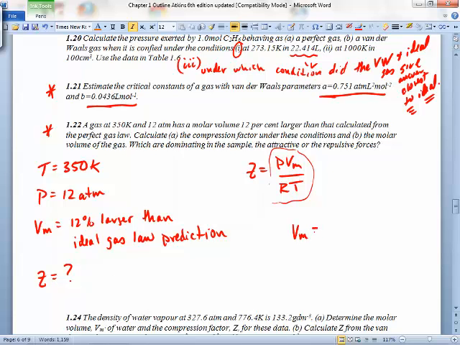VM is, that's where you put the equal sign, 12% larger than that of the ideal gas law. What number would you put there? For some reason I can't see this in my head. How do you do this? Is it 0.12 or 0.88?